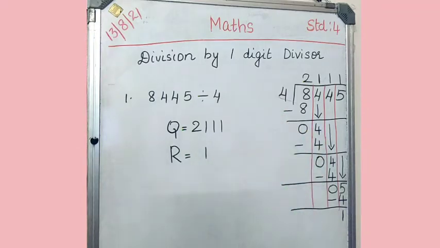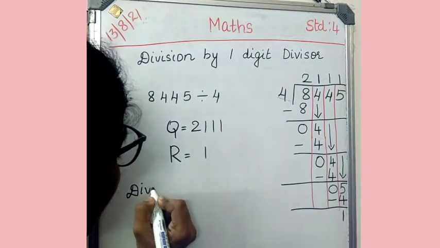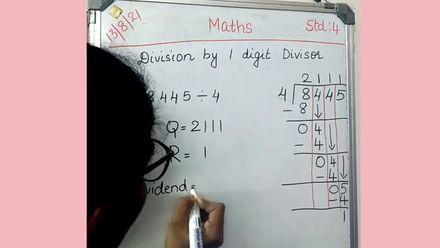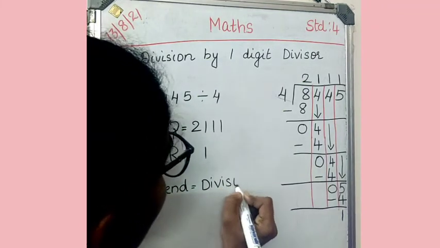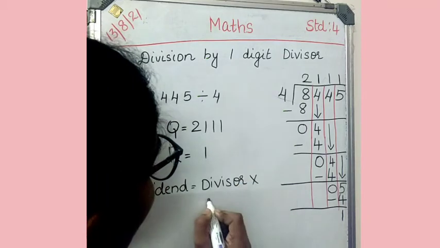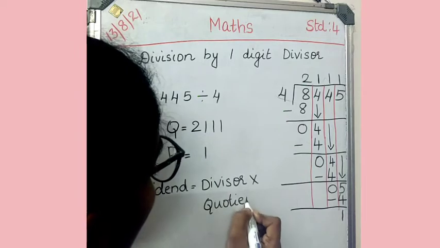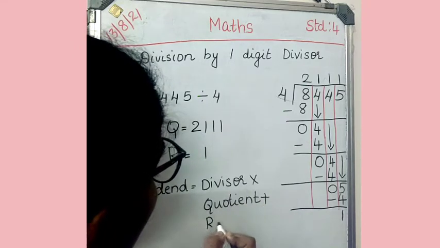Now we can check the answer we got by long division. Is the answer correct or not? We can check by using an equation: dividend equals divisor into quotient plus remainder.